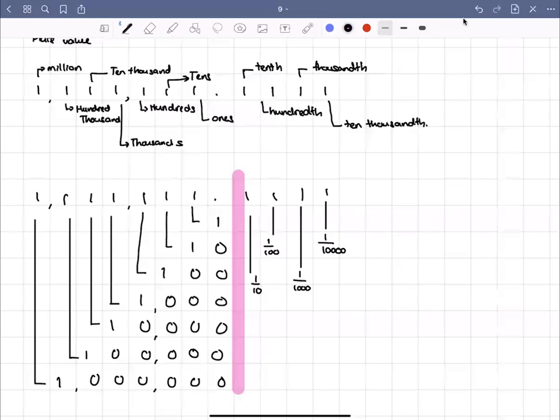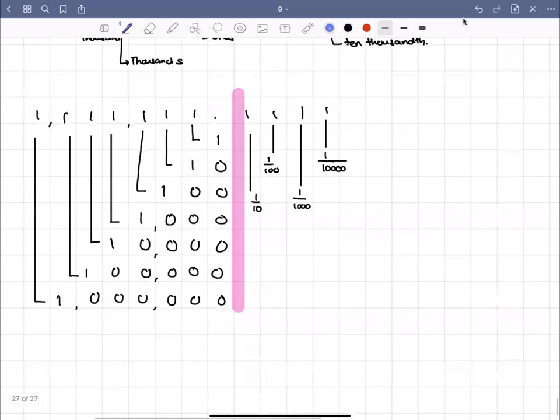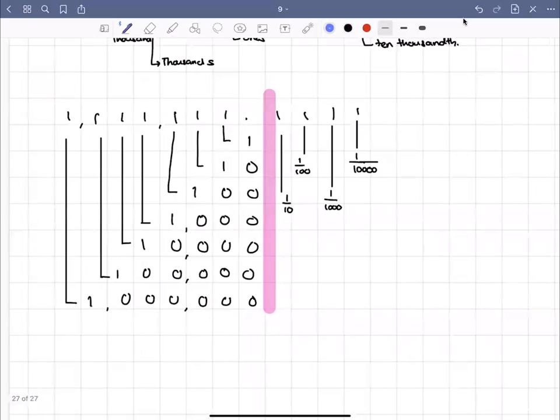But all of them, we can write as powers of 10. So let's try, and let me change the color and write it out. How many zeros are here? 1, 2, 3, 4, 5, 6. Since it's 6 zeros, this is actually 10 to the power of 6.